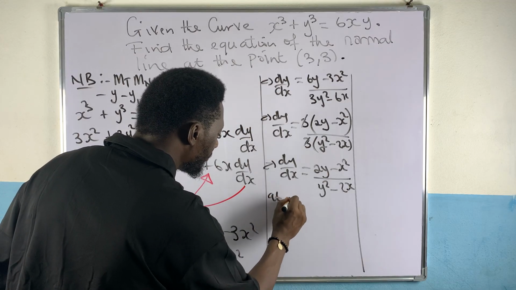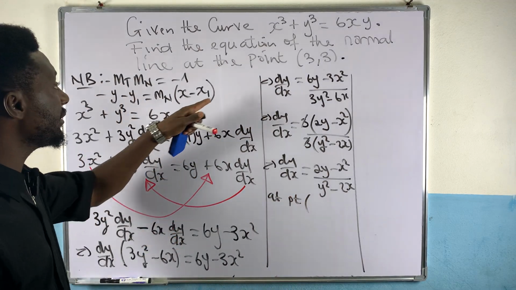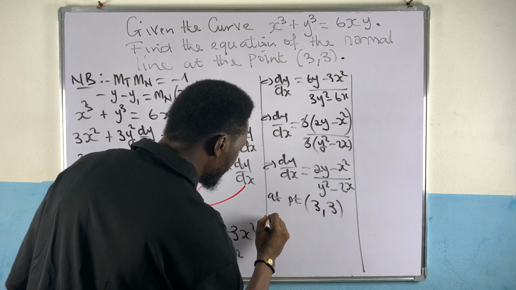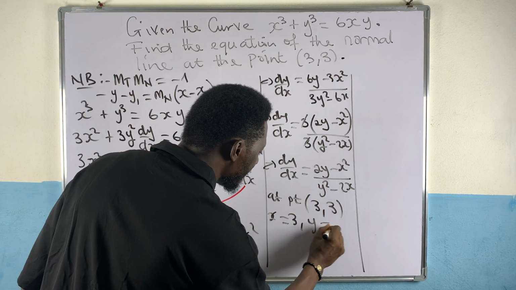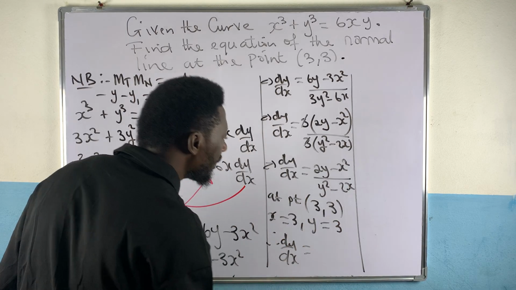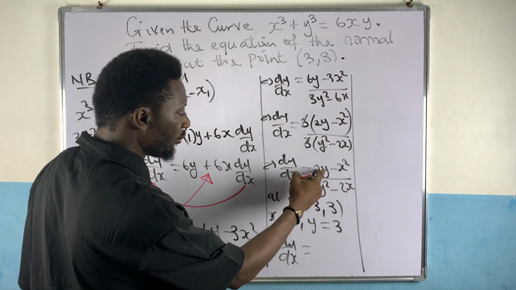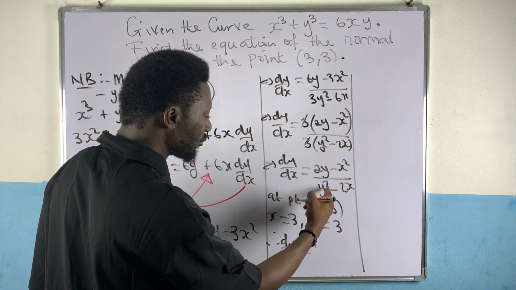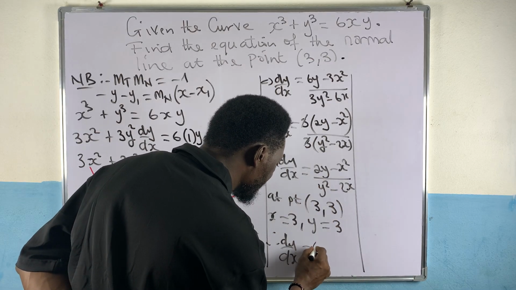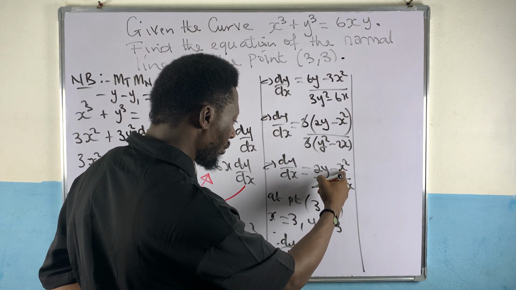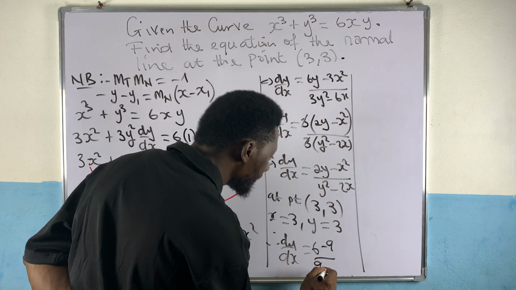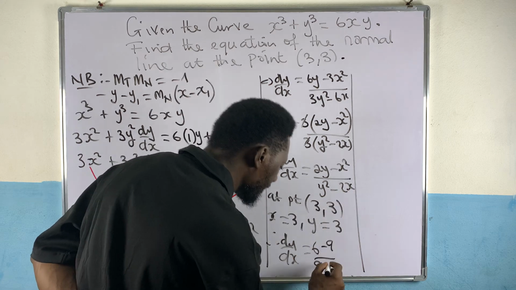So at the point, you say at the point (3, 3). So at (3, 3), you see that x is 3 and y is 3. So therefore, my dy/dx will be, you substitute y as 3, you substitute x as 3. So in the numerator this will be 2 times 3, which is 6, minus 3 squared, which is 9, over 3 squared, 9, minus 2 times 3, 6.